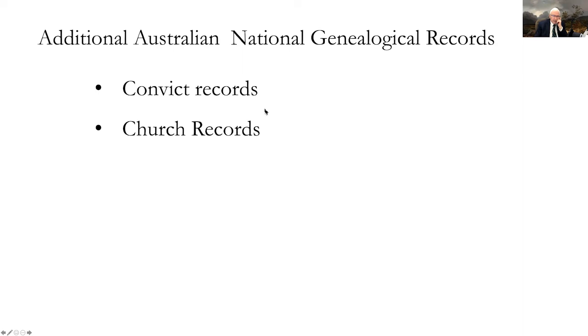And it took a while before church records became really valuable. But as the free people came and the immigrants came, they were obviously still very much church people, and the church records were kept. So you need to look at the convict records and the church records. This is not a way that you can say, well, I'm going to find it all in the church records.